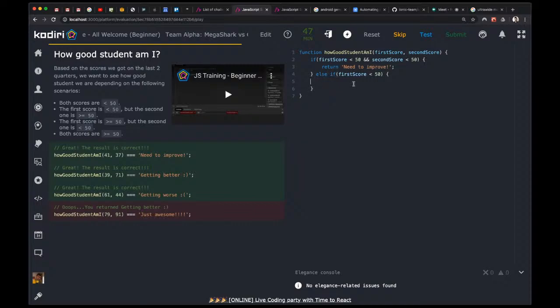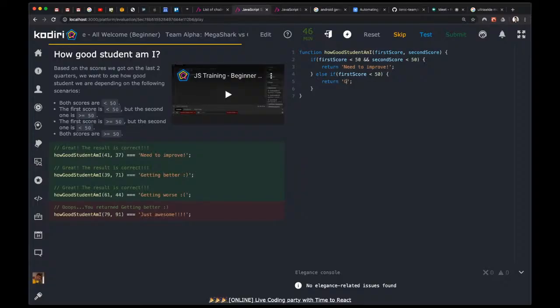It would be above, absolutely, because if it was below, it will be captured by that bit, right? So the first score is below, but the second one is above. In this particular case, we will return getting better, right? Because the second score is above 50 and the first one is below 50, so getting better.